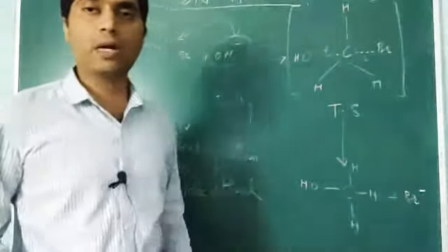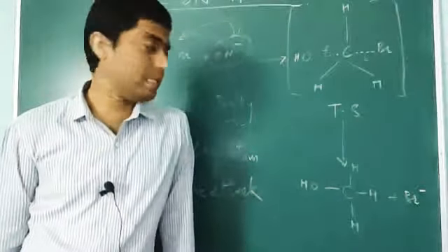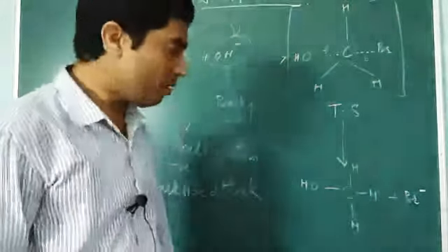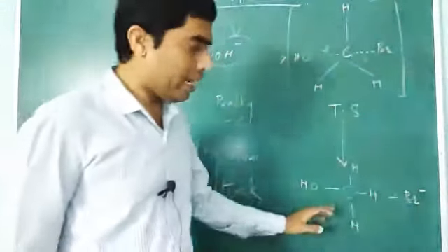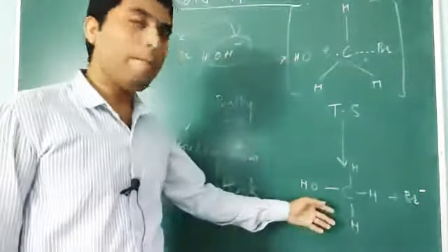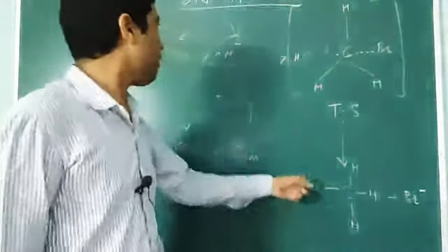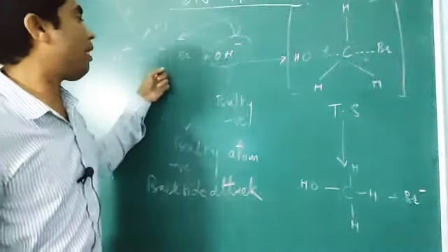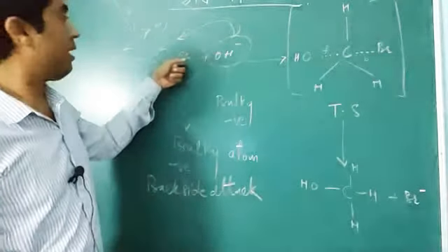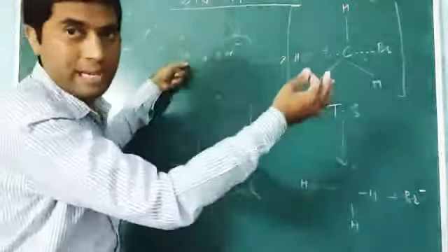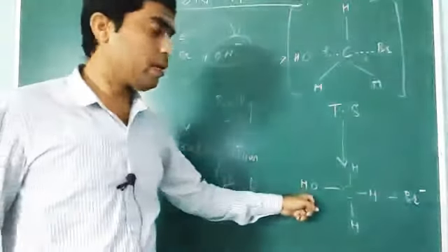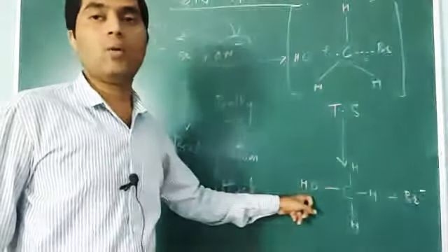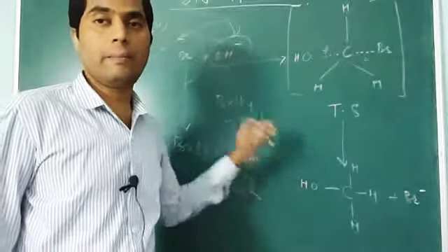This is the product, and this product is nothing but methyl alcohol. But if we compare this methyl alcohol with the methyl bromide, in the methyl bromide the leaving group was on the front side, but the incoming nucleophile in the methyl alcohol is on the back side.